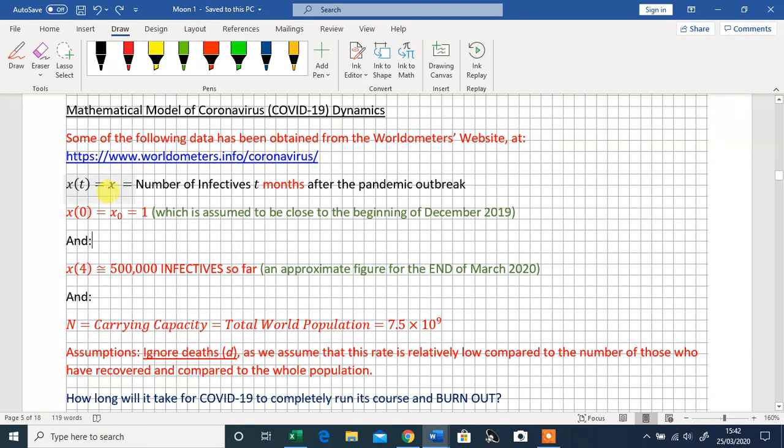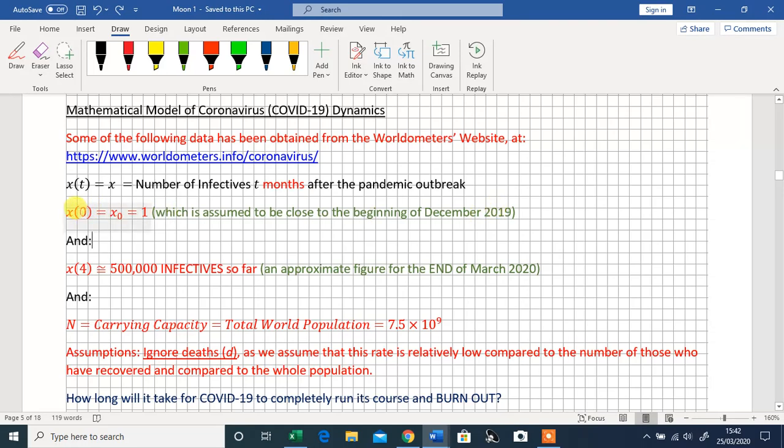Now, I've had to make an assumption to begin with that there was only one infective at time T equals 0. Now, what do I mean by time T equals 0? Well, I've taken that to be about 4 months ago at or close to the beginning of December 2019.